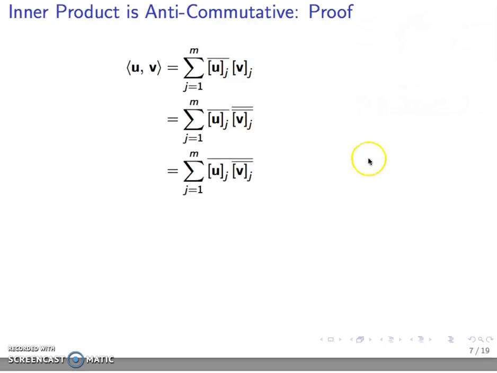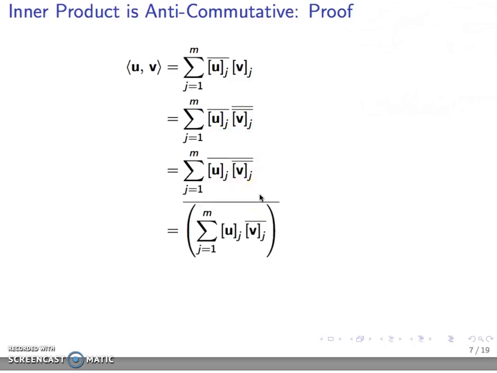Here we notice another property. Say we have alpha times beta, all of which are complex numbers, and then the conjugate of the product is the product of the conjugates. So if we use this property in reverse, we can write this product as the conjugate of the product of u sub j times the conjugate of v sub j.